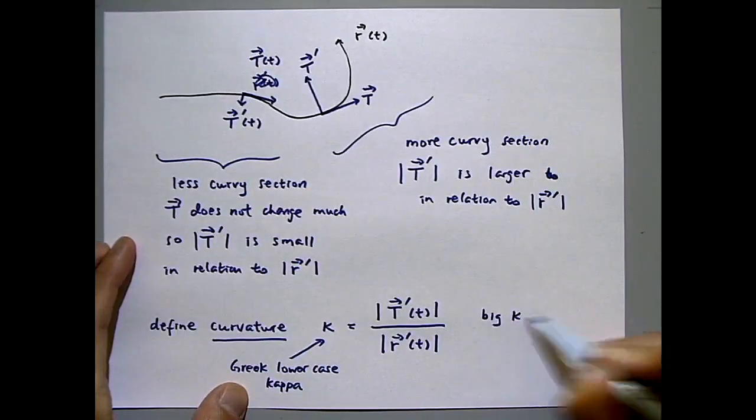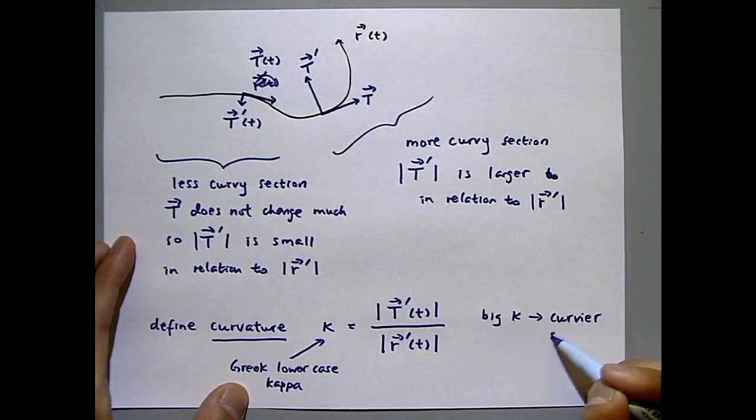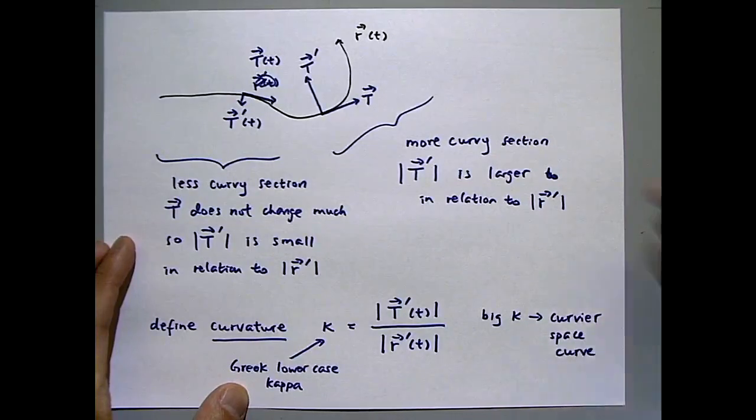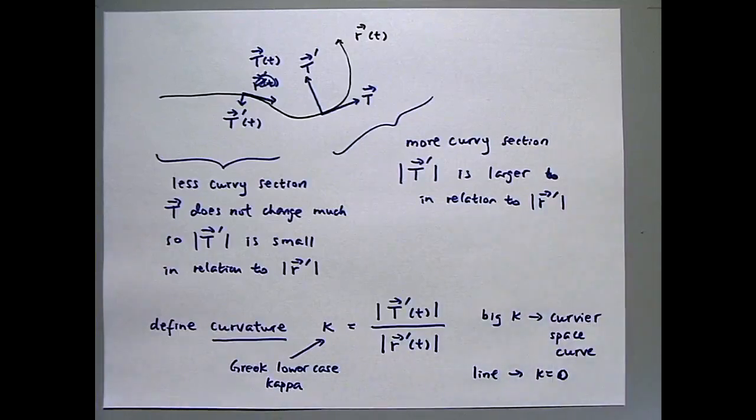Big kappa means a curvier space curve. For a line, kappa will be 0. A straight line has no curvature.